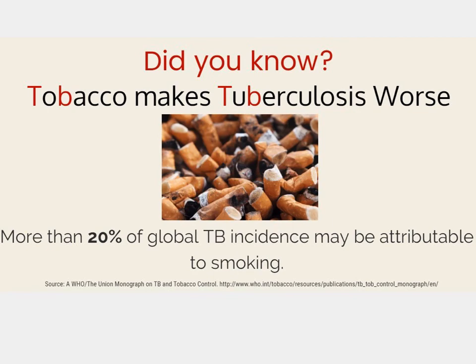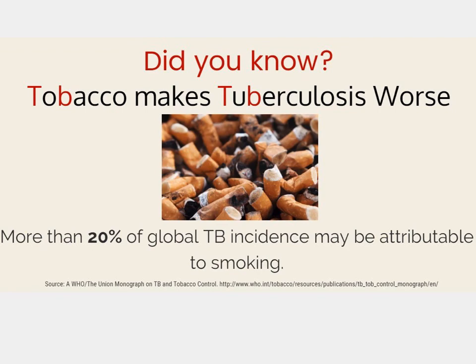There has been evidence which emerges from several studies conducted to look at the association of TB and tobacco. These studies show that almost 38% of TB deaths are associated with the use of tobacco.